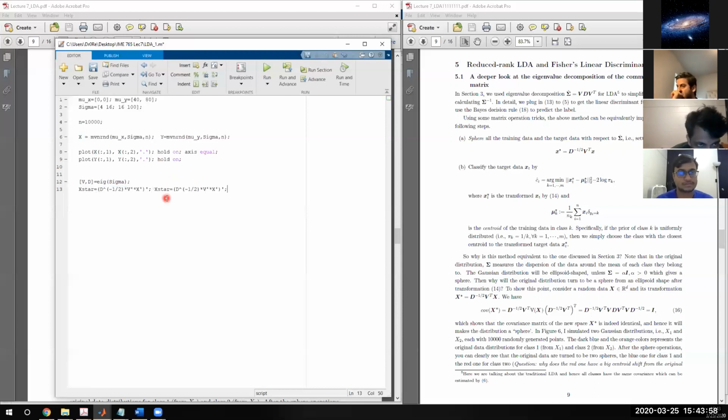Then I'm going to do the same for y. Y star equal to this, and this is the y star prime. And then I'm going to do the plot.